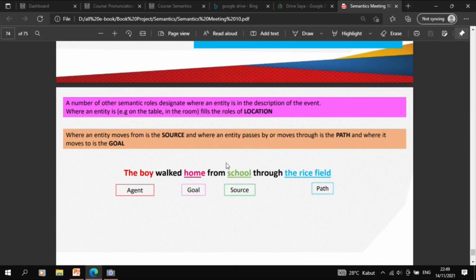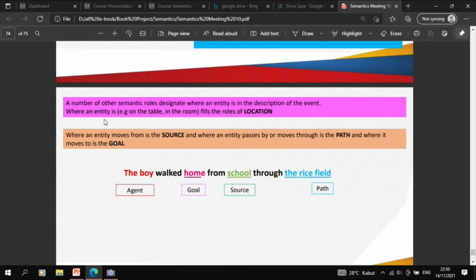Okay, now we're going to this part. Yeah, location, source, path, and goal. So first about the location. Location is actually the same like this. Richards have told us before that a number of other semantic roles describe where an entity is, the description of the event.